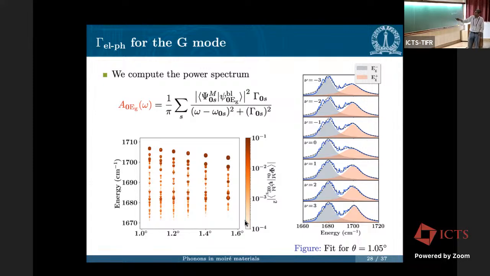You start seeing that there is an overall two-peaked structure in the spectral function, right? This was kind of unexpected. We thought we'd see one big peak, which is sort of what had been implied by previous experiments. So we were a little bit surprised by seeing that there are actually two peaks when you fit the spectral function, and you can of course fit them and get your overall line width from here.